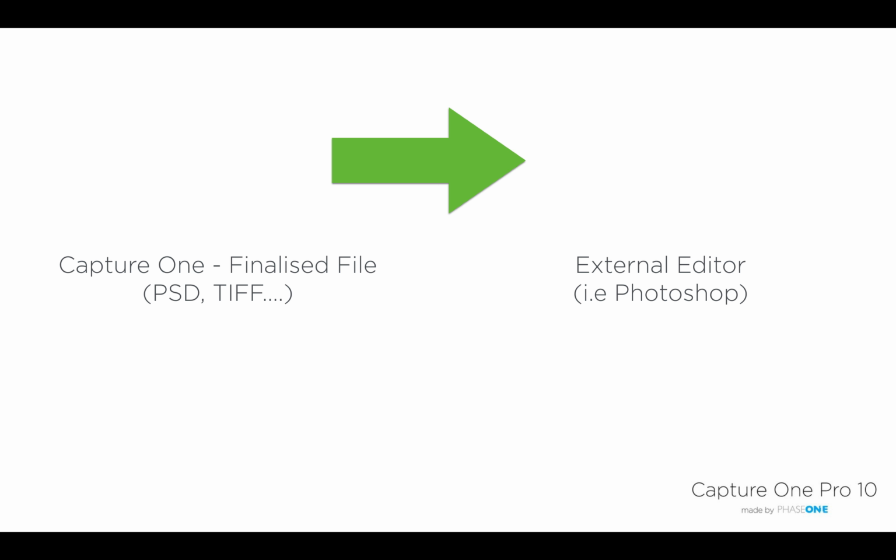But then, because Capture One is also an asset manager, we want to return that into Capture One so we can put it in our catalog or session alongside our original raw files. And this is very important, take that finalized file, a PSD, a TIFF or whatever, and do more to it in Capture One as well, and potentially repurpose it as JPEGs of various different sizes or TIFF files of various different sizes and so on. So that's the full workflow that we're going to do today.